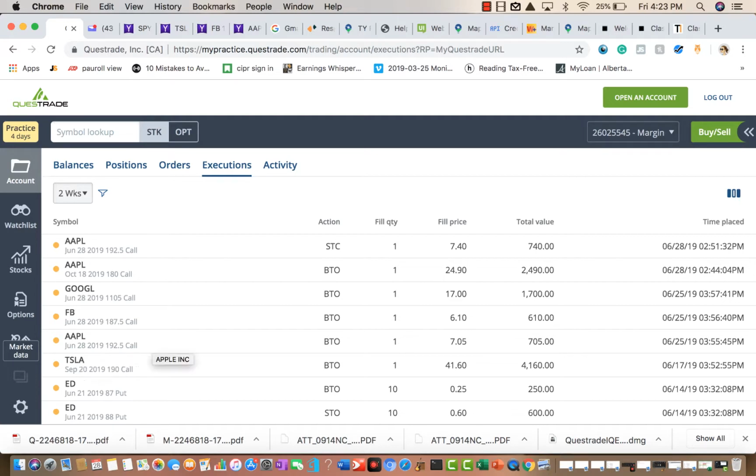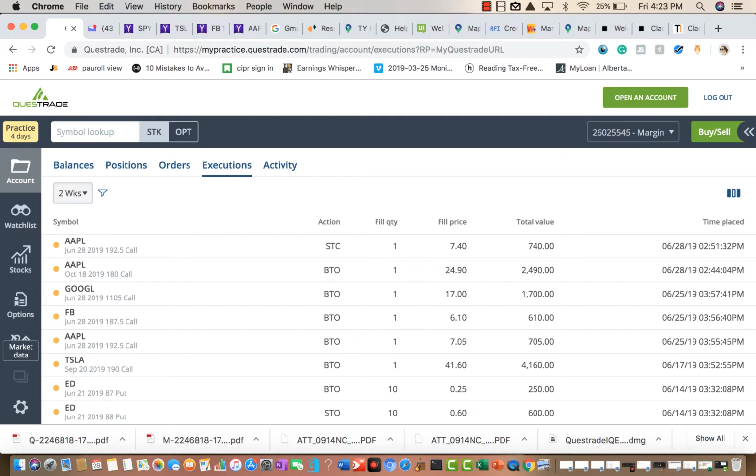Okay, and like I said, you guys want to buy at least 90 days or 90 days to 4 months out expiration when you're doing a call or put option. In this case, I did a call option with a 3-day expiration, just because I want to see what happens. And also this is my practice trade, so I'm not that concerned with what happens, whether or not I lose money.